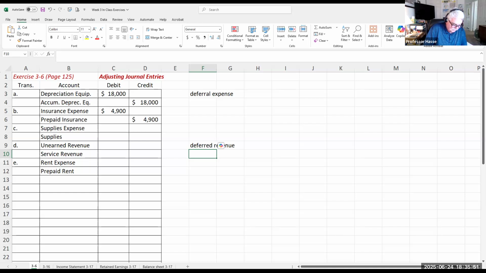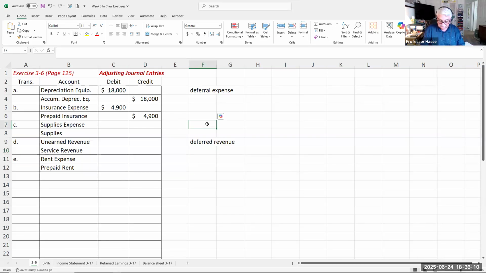The December physical count of the inventory of supplies showed that $300 of supplies are still available. What's the entry to adjust the supplies account to show the use of supplies for that period of time?